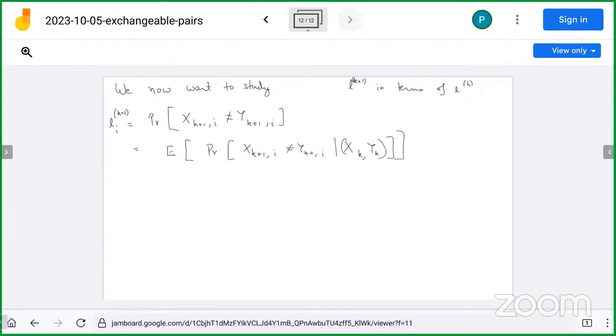Now to understand why the i coordinate will be different or not, there are two cases, right? Either you pick the i coordinate or not.